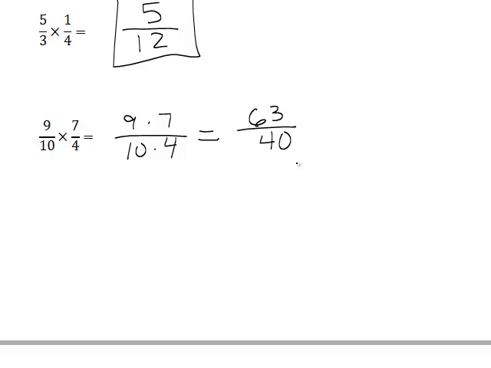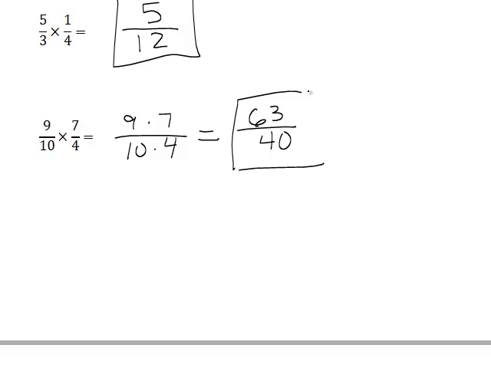This is an improper fraction. As long as we don't have any common factors, we can leave it like this. The prime factors of 63 are 3, 3, and 7, and 40 is 2, 2, 2, and 5. Since there aren't any common factors, we're done.